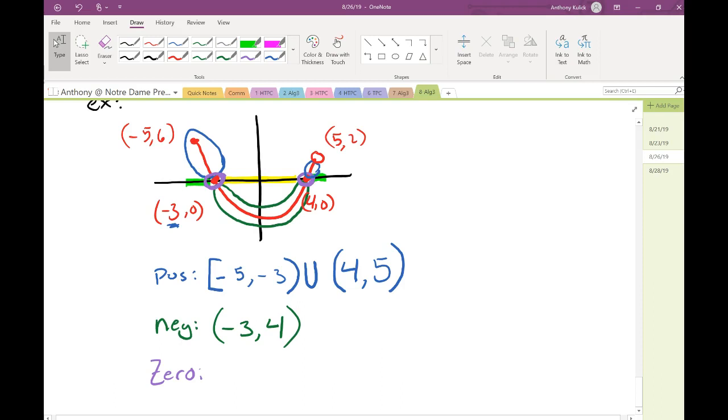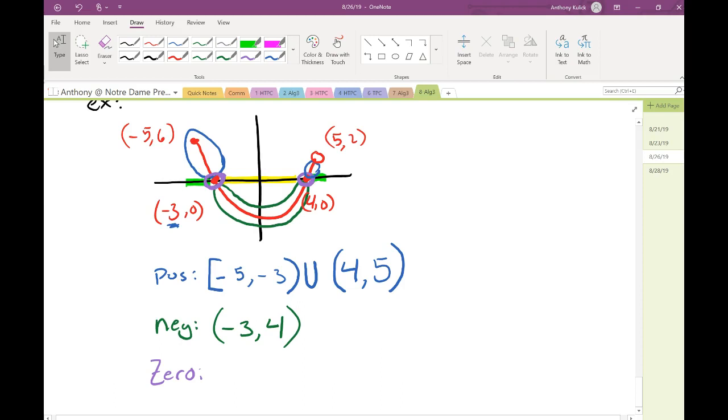How many points are in the positive parts? Infinite, because they're segments. How many points are in the negative part? Infinite, because they're segments. Everybody okay with that idea?